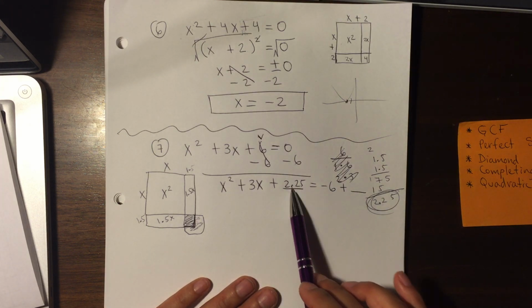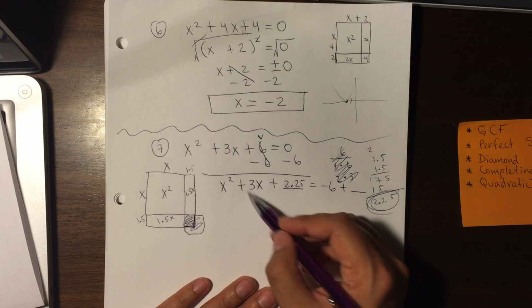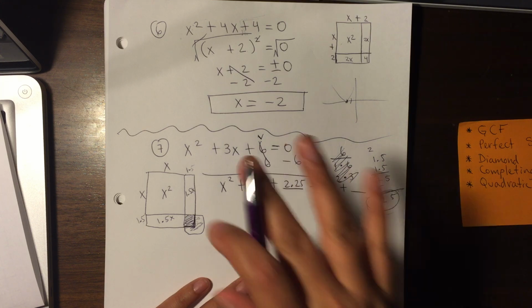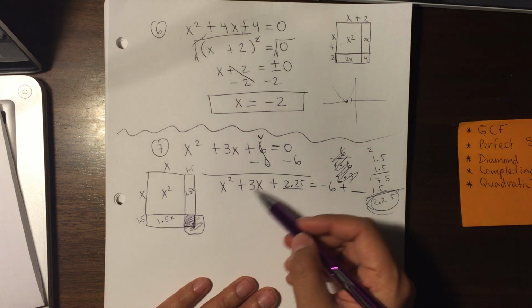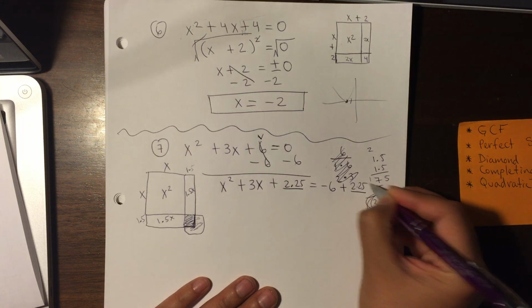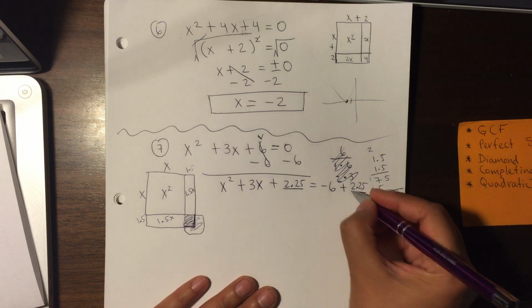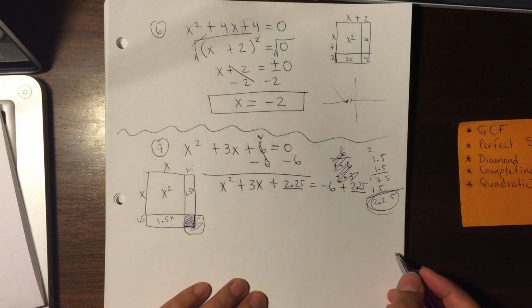So what I recommend is that if this is an odd number, you go directly to the quadratic equation. That way you don't have to deal with decimals in here, which you can do. You can continue to do that, it's just that it's going to be a little bit more tricky and not very fun to work with.